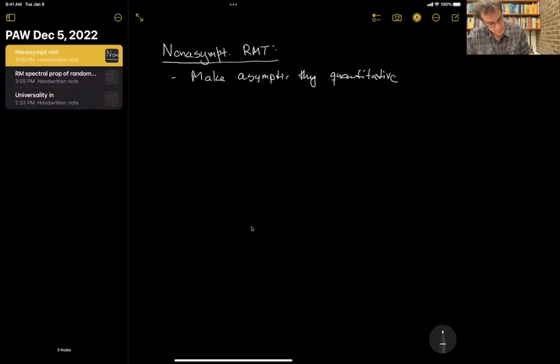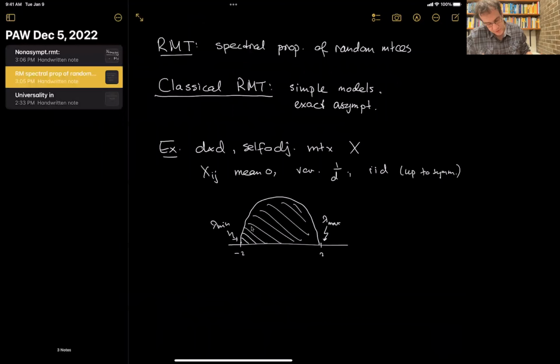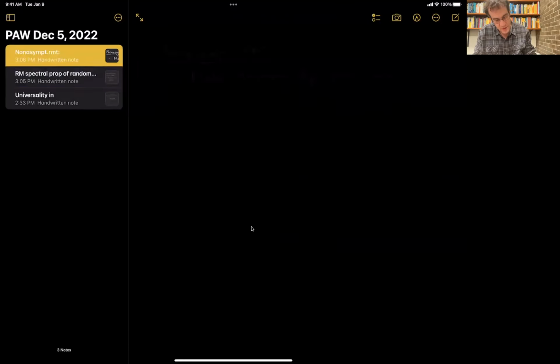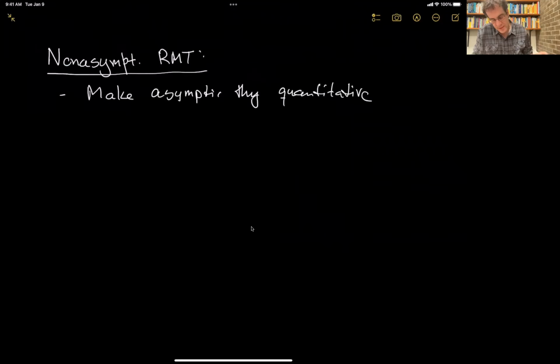And so you can ask, for example, in this setting, let's say I have IID entries, but they're, let's say, sub-Gaussian, or I have some specific bounds on their moments. Can we now understand for a fixed D by D matrix how close we are to this limiting situation, and what can we say about those kinds of things? Which, of course, does not sound super exciting, but in fact, one can say very deep things this way.